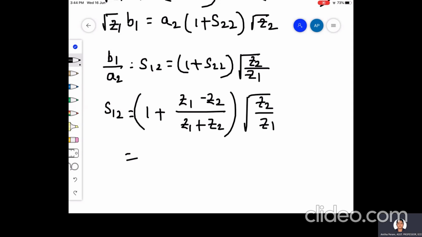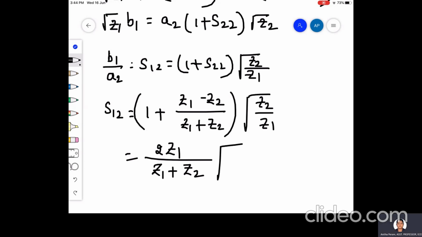And again in the same manner, now in the numerator we have 2Z1, denominator Z1 plus Z2, multiplied with square root of Z2 by Z1.